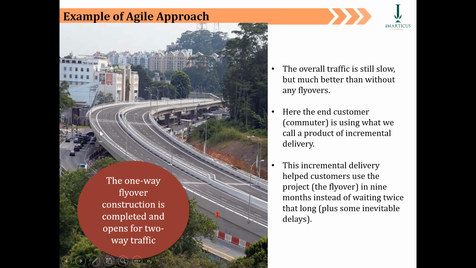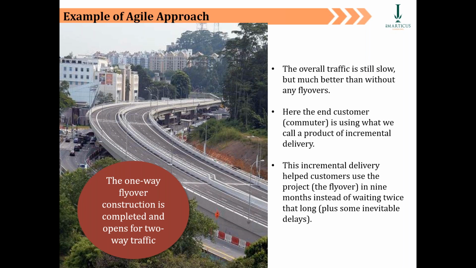They constructed one half of the flyover first, then opened it up to the transportation. While the transport in each direction used half the road, at least the traffic was moving. Once they completed this side of the road, they jumped to developing the right side portion of the flyover.